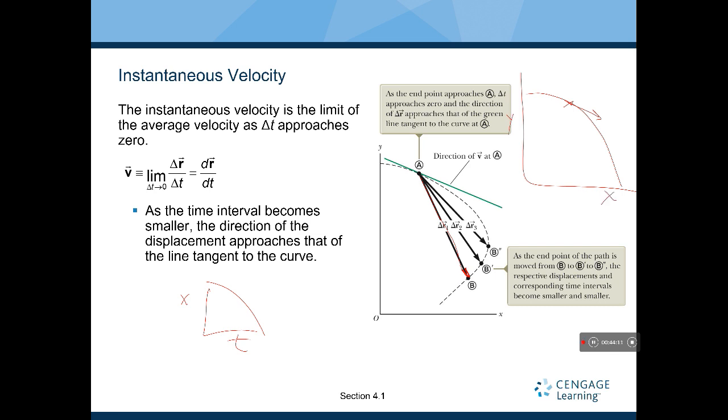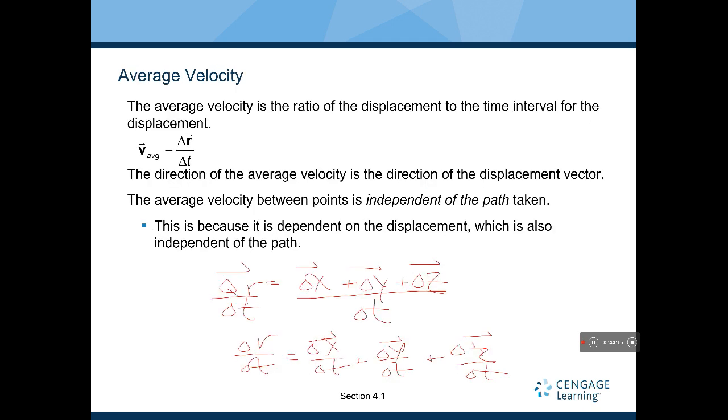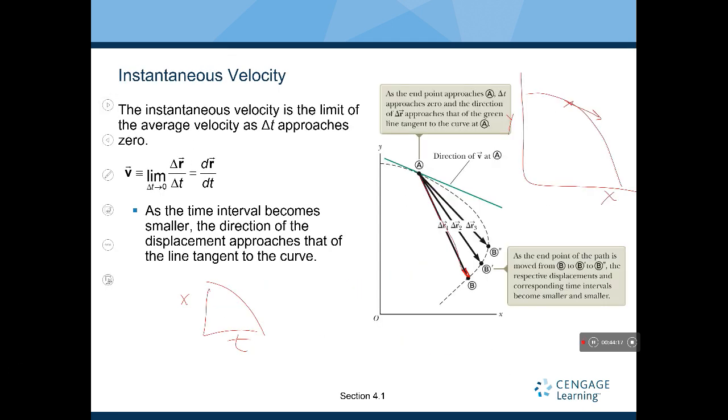So when I draw x versus t, by definition the tangent line is the velocity at that particular time. And velocity is defined as the limit as delta t approaches 0 of the average velocity, delta x over delta t, that gets redefined as dx dt.